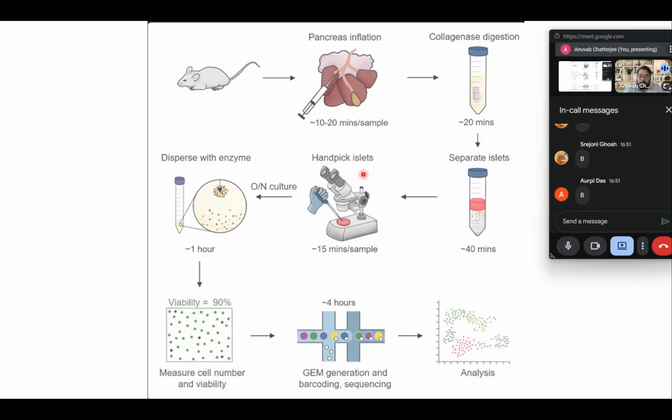If you want to do more, then you can plate them onto a Petri plate and then essentially pick out individual islets and then store them. Using the islets, you can do multiple different things. You can do insulin tolerance tests, glucose tolerance tests. You can do RNA sequencing upon addition of different conditions and then analyze.